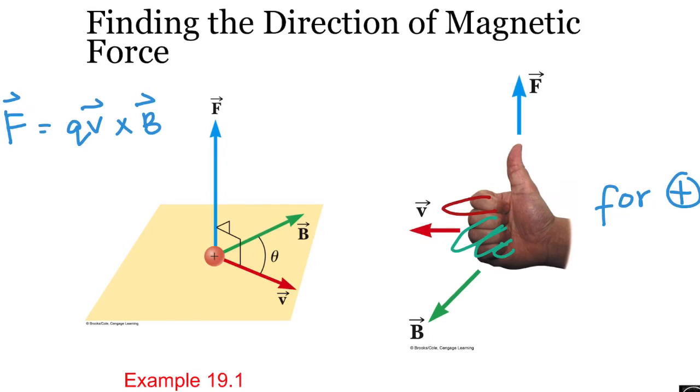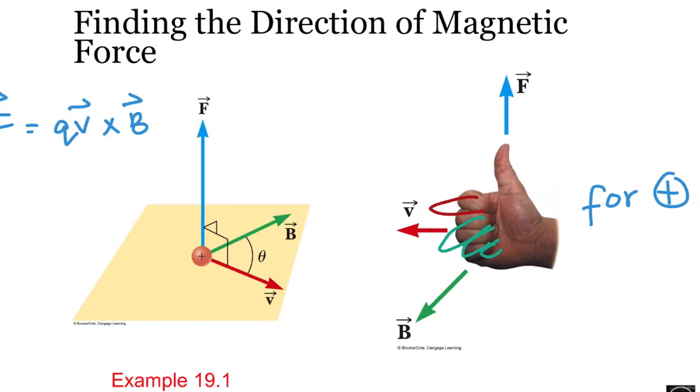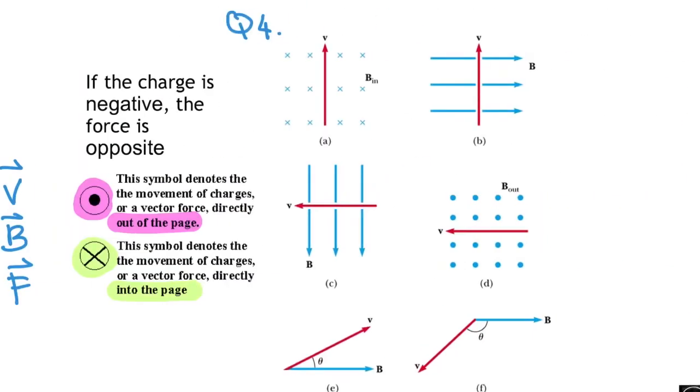All the directions that you have finalized according to the rules, just reverse them. What do I mean? Let's take a look at figure A. You have B into the page. Your index finger is on the top of the screen or page.